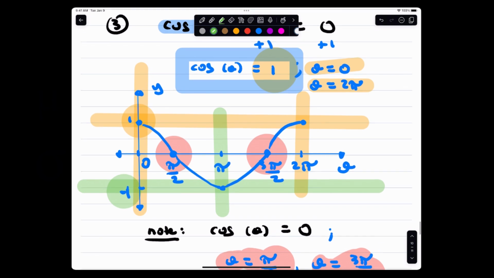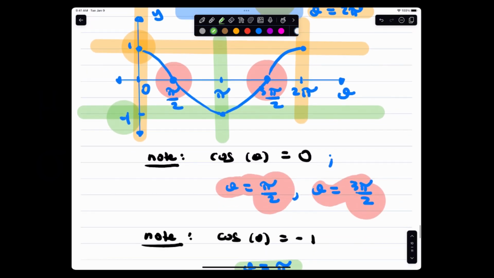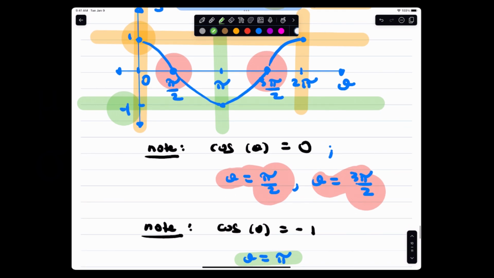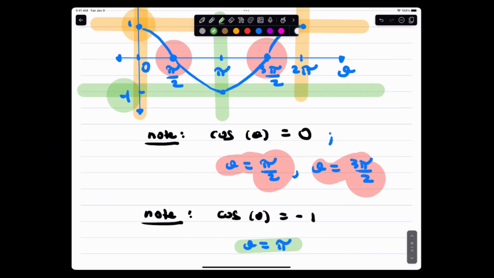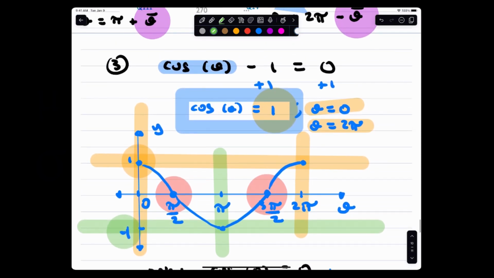So, folks, there it is for number 3. And there you go. So I just want to point out those observations.